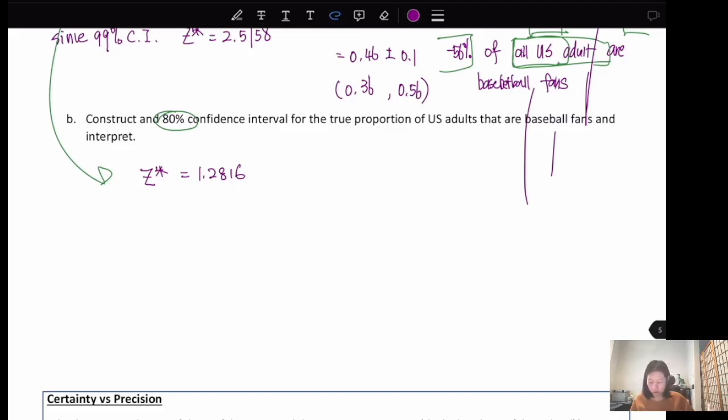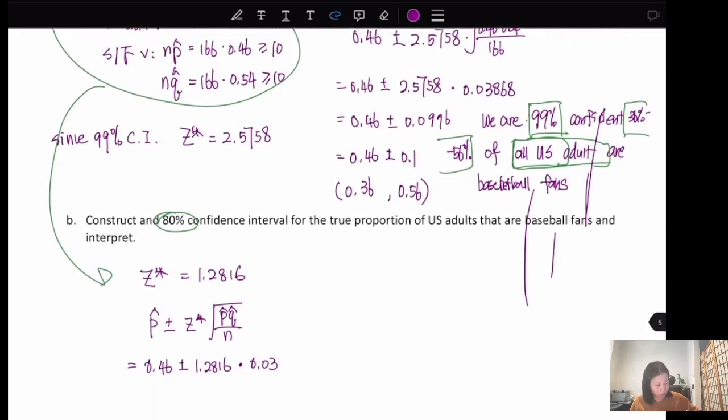So we're going to do the same thing to construct the confidence interval: plus or minus the z-score times the standard error, the square root of p hat q hat over the sample size. So I have 0.46 plus or minus 1.2816 times the standard error.